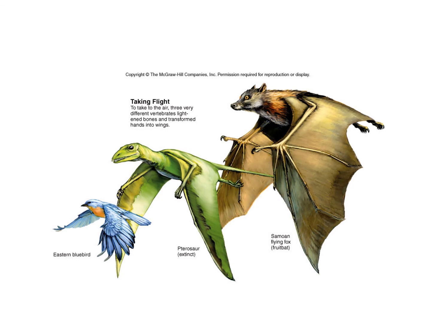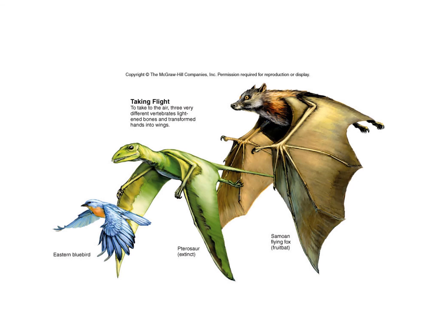One last example here. In the history of backboned animals, the power of flight has evolved at least 3 separate times. And that would be in birds, in pterosaurs, which are an extinct reptilian form, not a dinosaur, but a separate lineage, and then in mammals and bats.